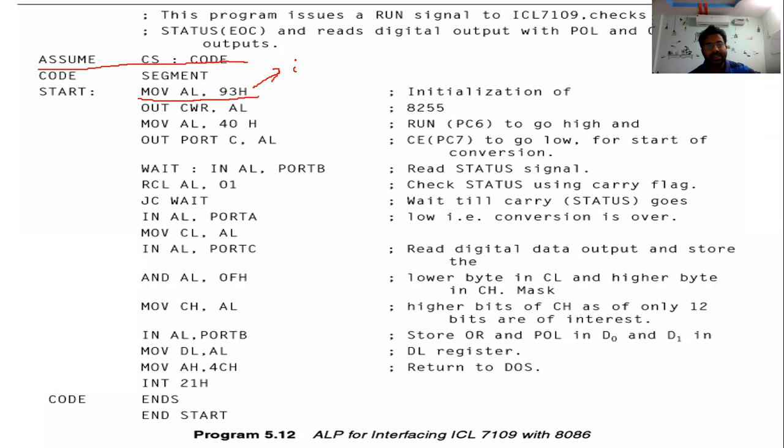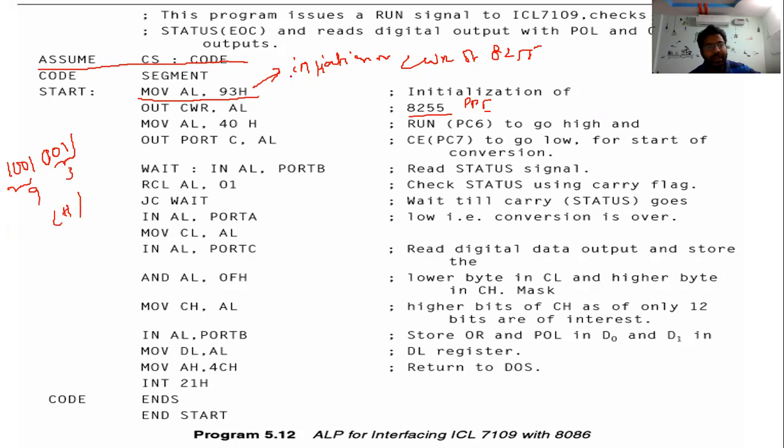This is the initialization of the CWR of the 8255 PPI. 93 is 1001 0011, so this is 9H and this is 3.